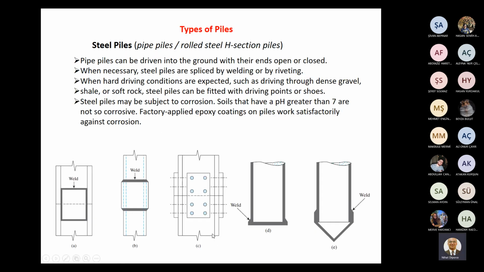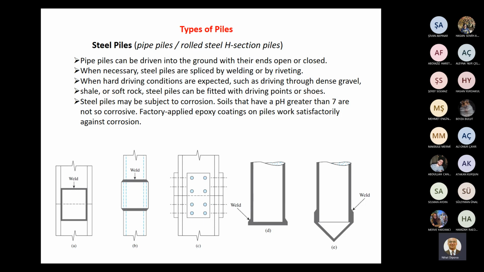Let us talk about types of piles. Piles may be made of steel, and geometry may be pipe or H-section. Pipe piles can be driven into ground with their ends open or closed.